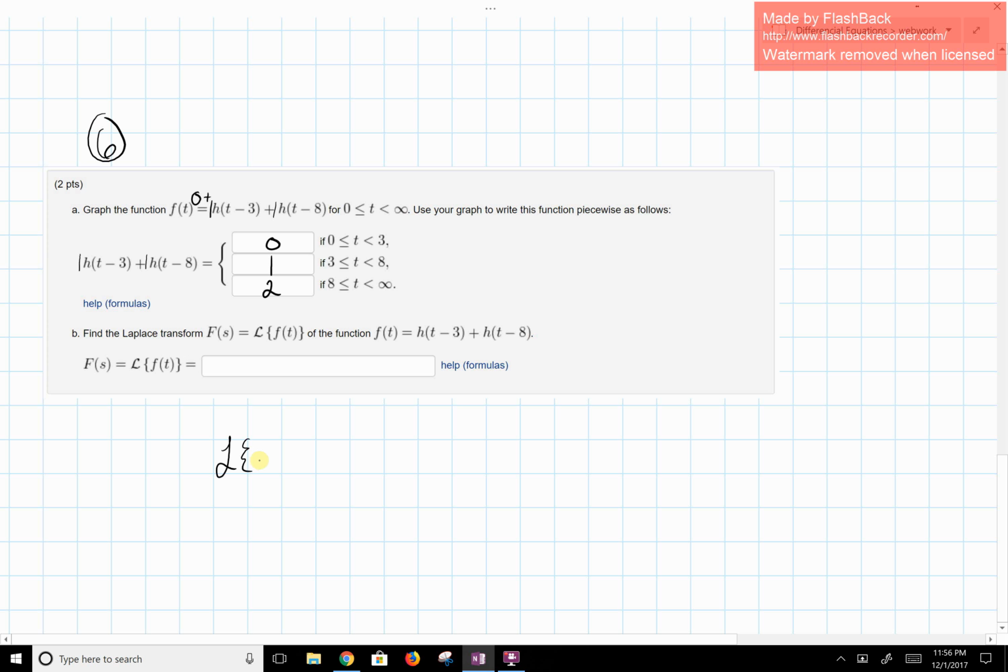So the Laplace transform of h t minus 3 plus the Laplace transform of h t minus 8. And that gives us e to the negative 3s over s plus e to the negative 8s over s.